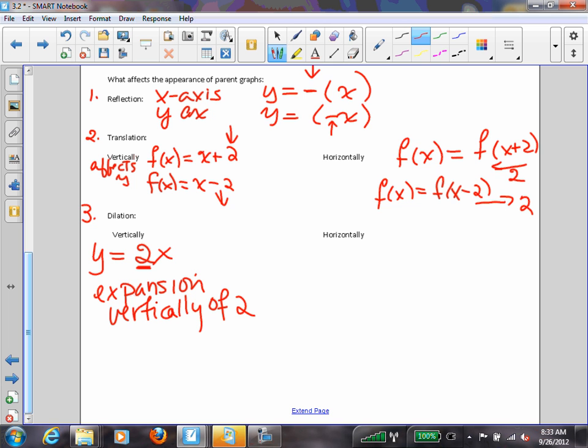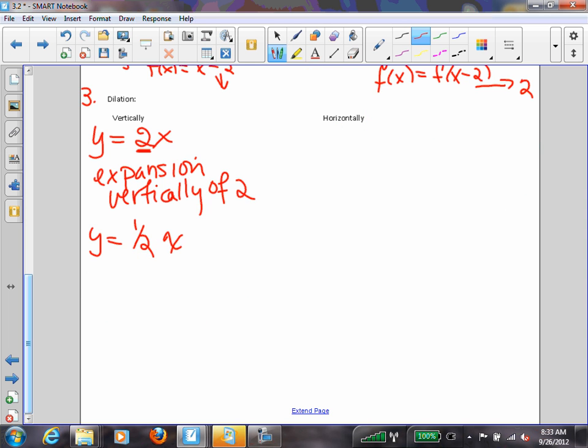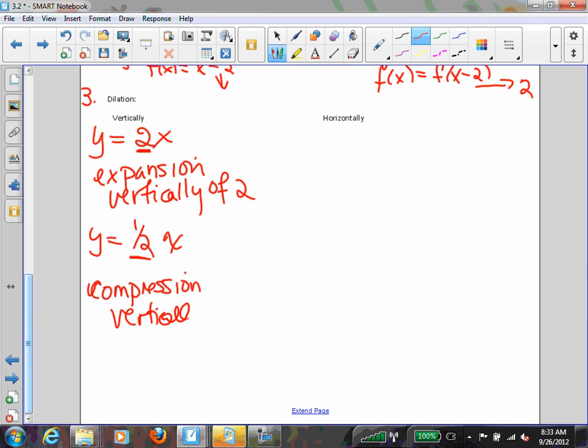If I said y is equal to 1/2 x, then you're going to say, because this value is less than 1, I'm going to shrink it, aren't I? So we call it a compression. So looking at this, we're going to say it's a compression, but you need to tell me the direction by 1/2.